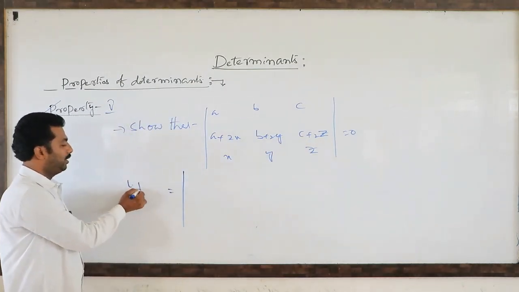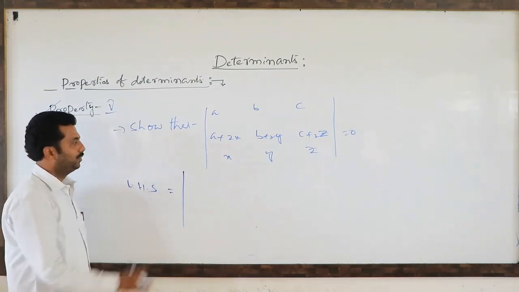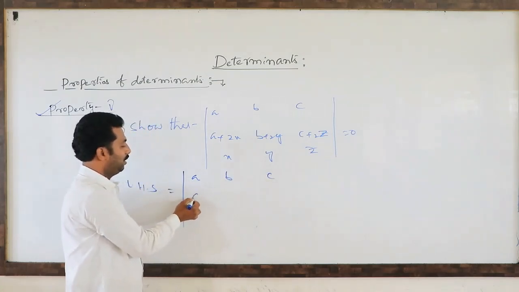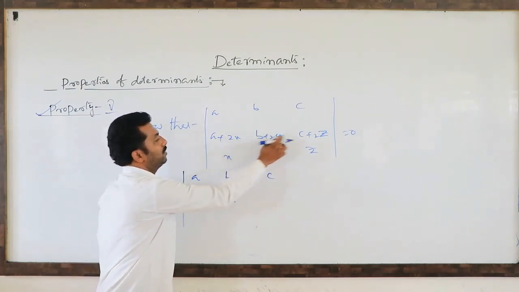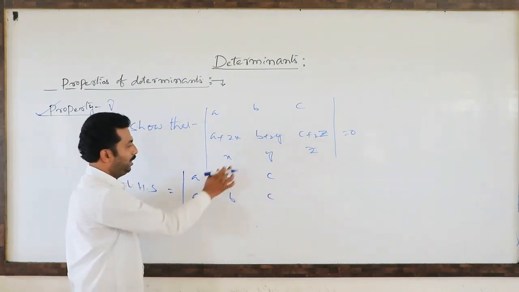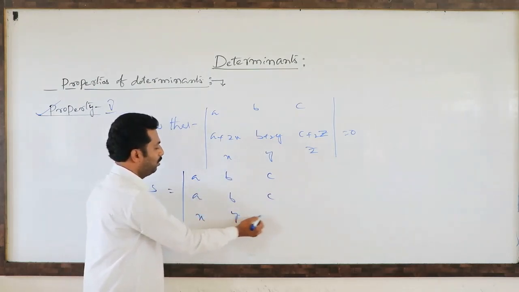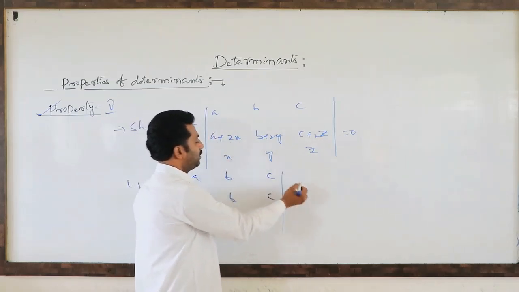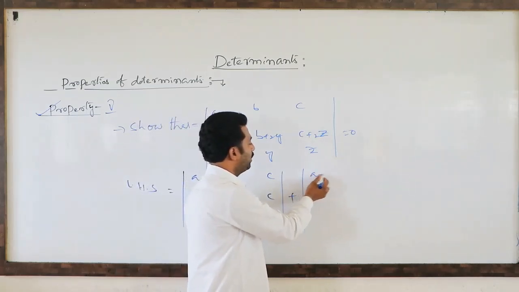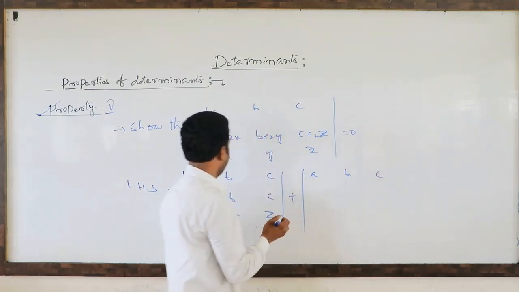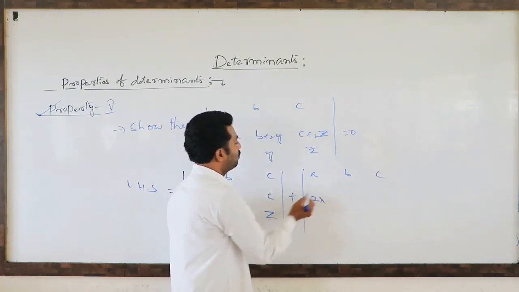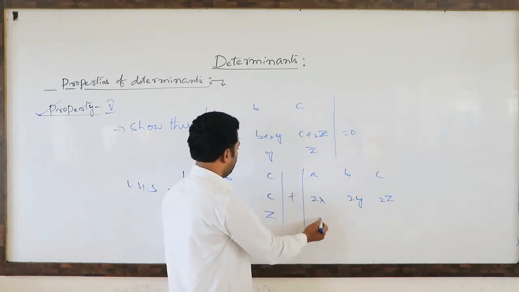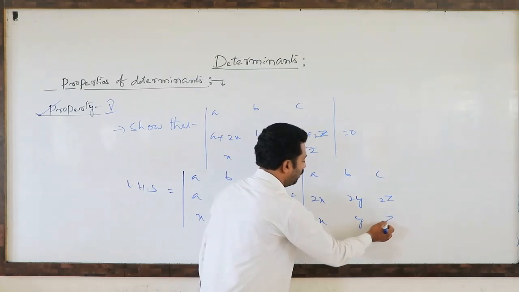Just I am taking the LHS part. A, B, C; here first terms A, B, C; here x, y, z; plus second elements, first row no change, A, B, C. What are the second elements? 2x, 2y, 2z, again x, y, z.